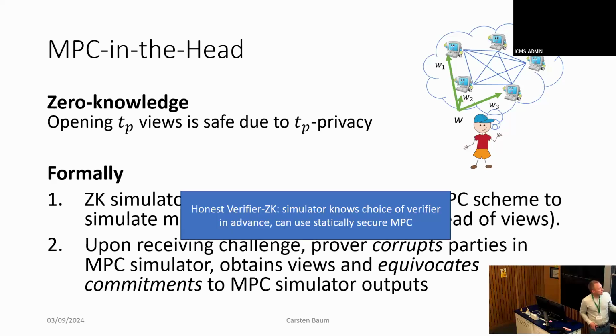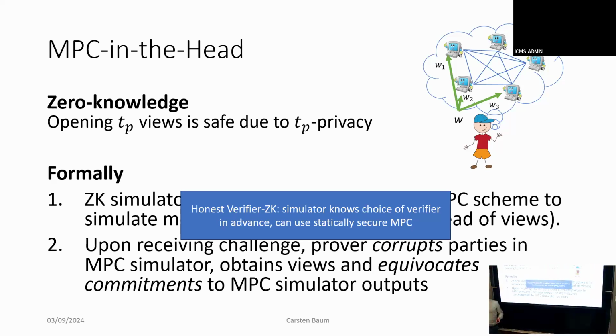If you are okay with honest verifier zero knowledge, which is fine in most cases, then the simulator knows the choice of the verifier in advance. So all you say is, I take my statically secure MPC protocol that I like and use this. Interestingly, different flavors of MPC, with different security guarantees, are needed depending on what kind of zero knowledge you actually want to prove. Okay, that is clear so far. One more question: for honest verifier zero knowledge, do you need equivocable commitments? Then you don't need equivocable commitments.